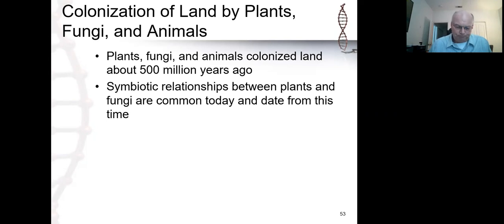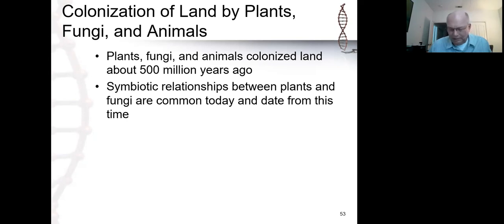And so for plants to colonize dry ground or dry land, they would benefit from a relationship with fungi that would substitute for the missing root system that the early plants and early plant colonizers of dry ground lacked. They would make a really good substitute.